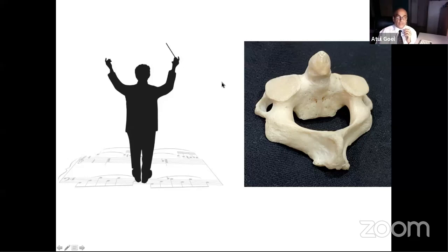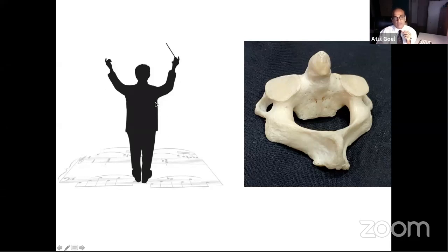So like this opera conductor, you see this opera conductor is not having any instrument in his hand, but he conducts the entire opera. And without this opera conductor, there will be no opera. So he's the brain of the opera.